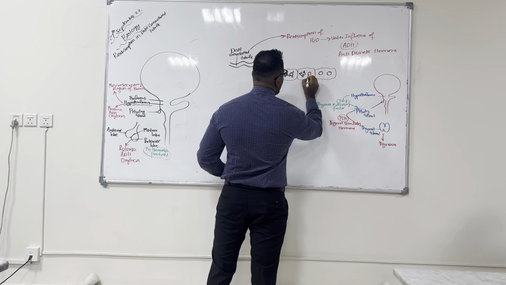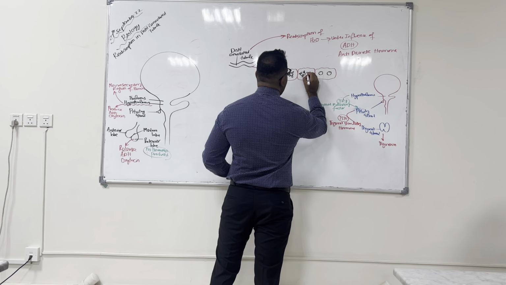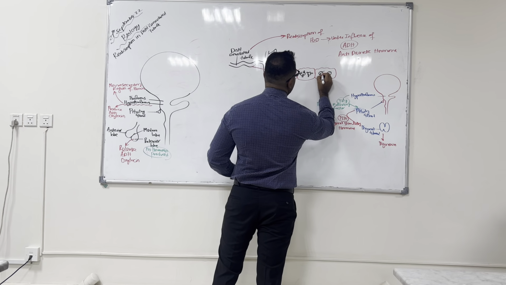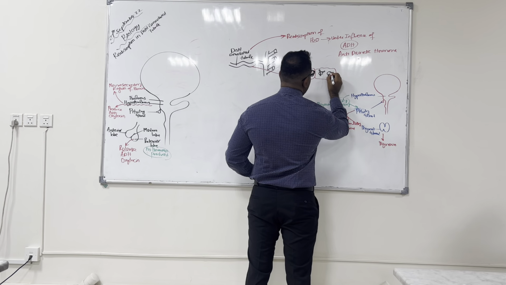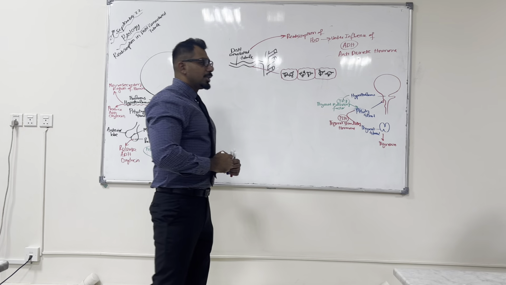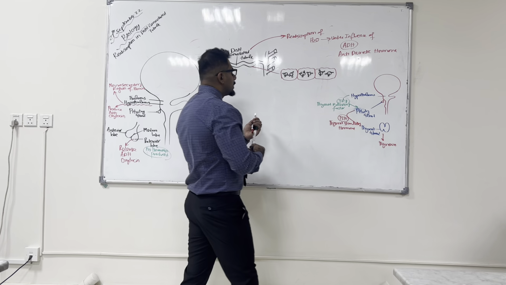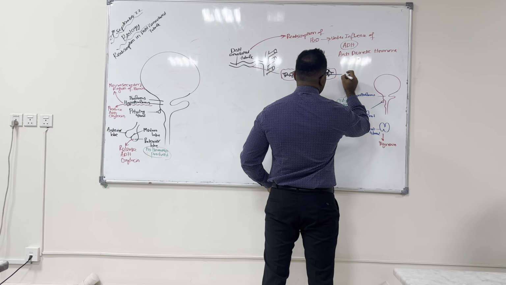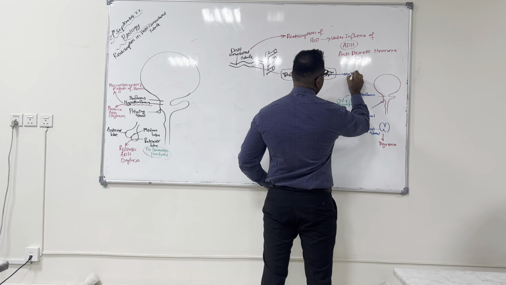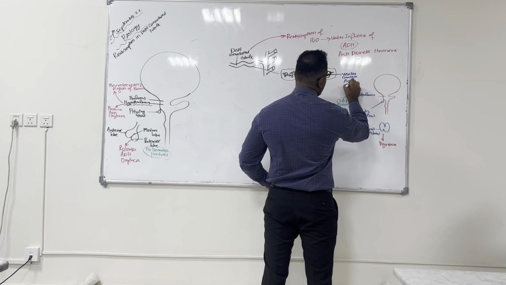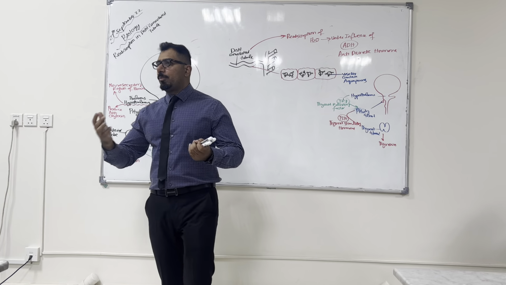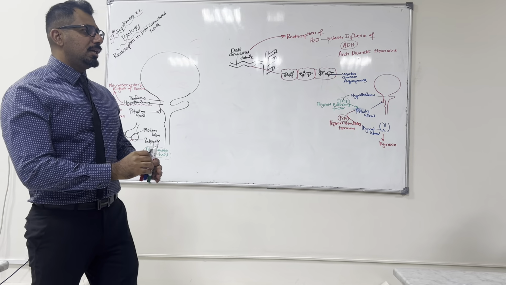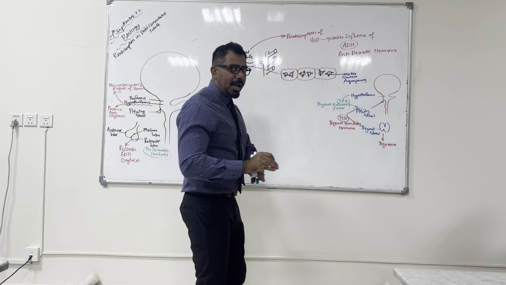So these small vesicles that I am drawing in the epithelium of the distal convoluted tubule, these vesicles contain what? Aquaporins. Now we already know what aquaporins are, right? These are the channels through which water molecules can pass.